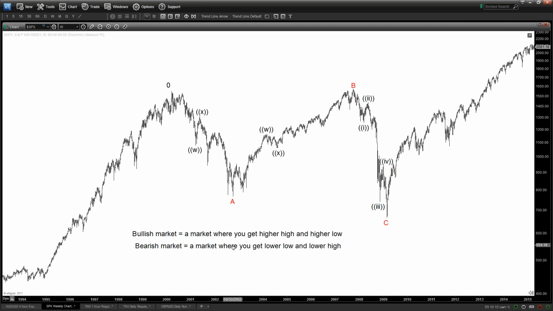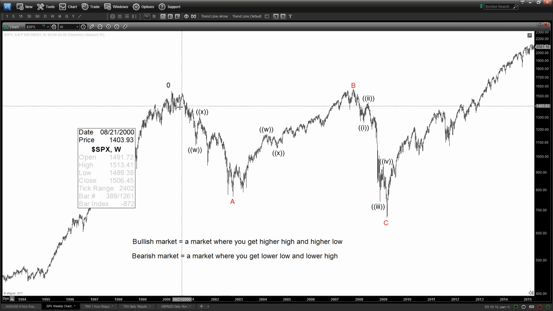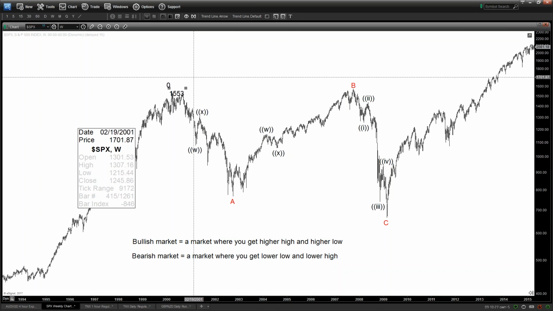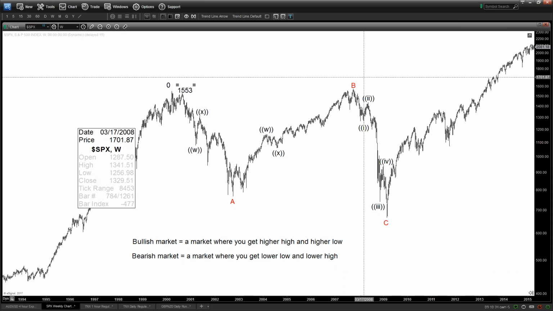Now the problem with the flat, right, is the following. Here in the year of 2000, you got S&P at 1553. Okay, S&P is at 1553. And then here in the height of 2007, you got 1576.